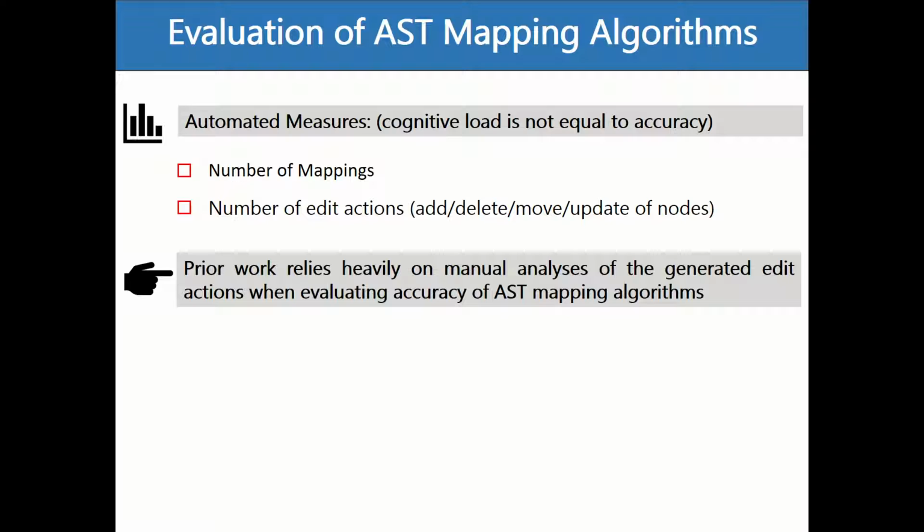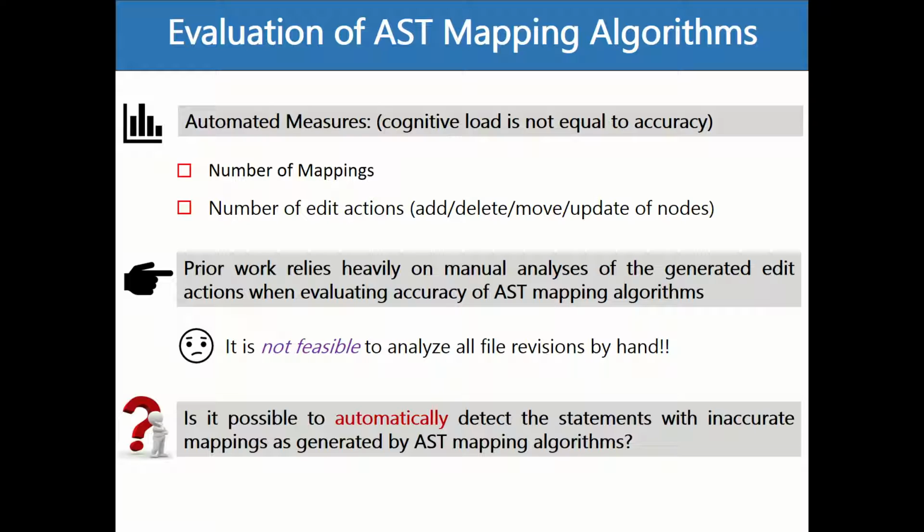Previous work has relied heavily on manual analysis to evaluate the accuracy of mappings generated by an AST mapping algorithm. But it is not feasible to analyze all file revisions by hand. So, we wonder if it is possible to automatically detect the statements with inaccurate mappings.